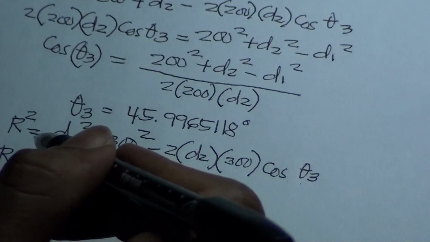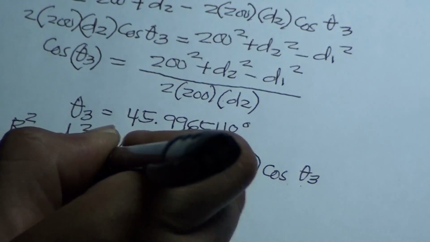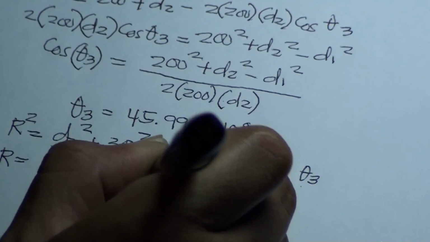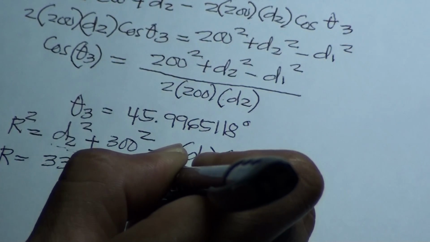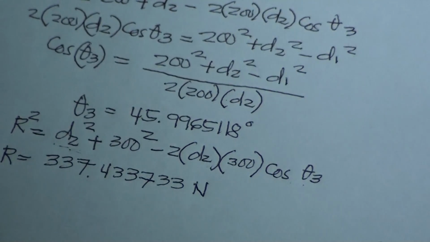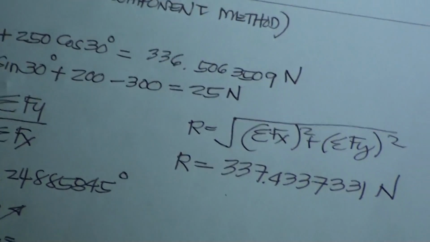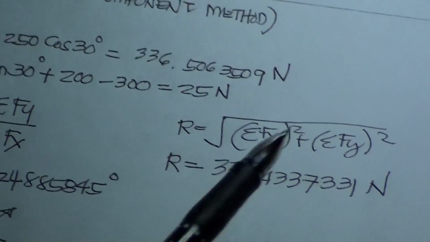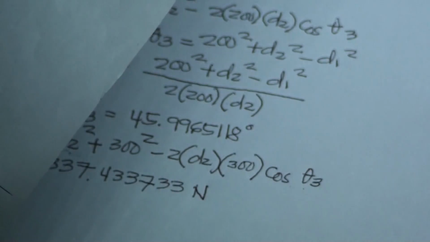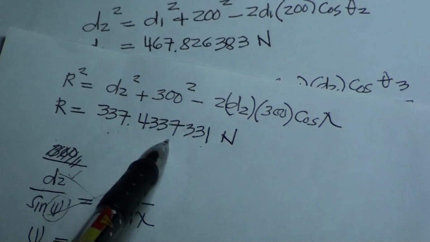So we can solve for r, ending up with 337.4337 newtons. Exactly the same as the previous solution we had by component method, we have your R, exactly the same, which is this. We also have R, this one, of the closed polygon method.